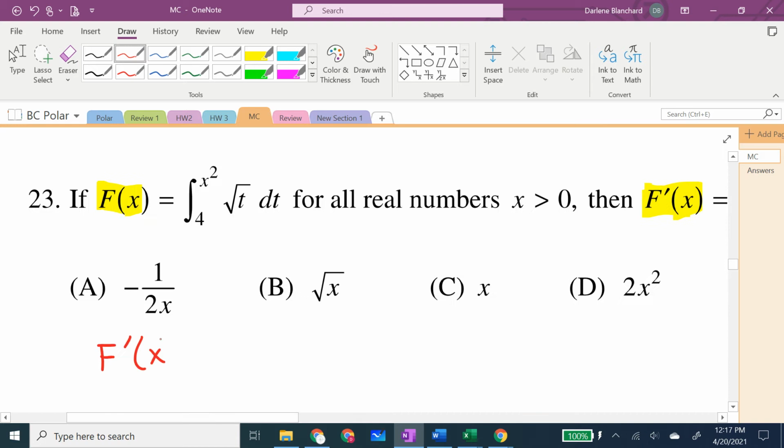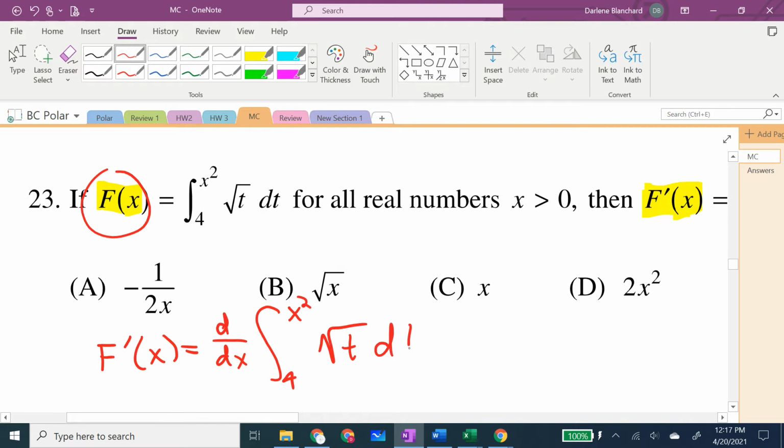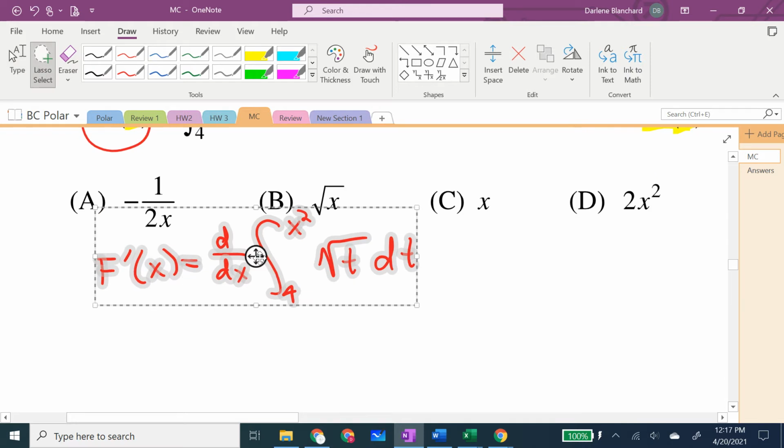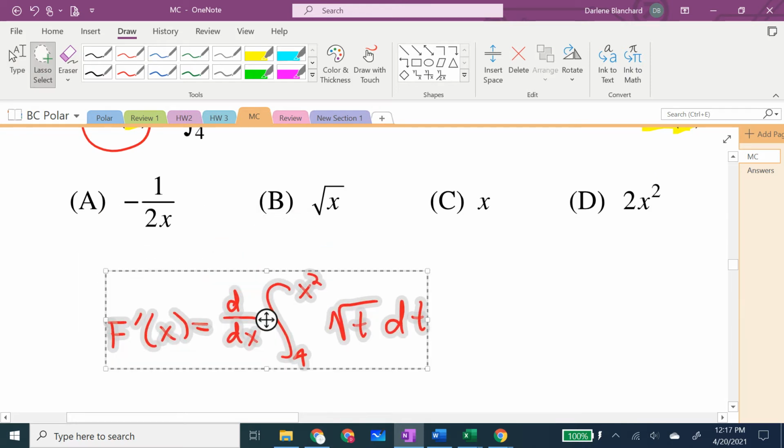F prime of x is equal to the derivative with respect to x of this function. And I'm bothered by the intersection with that and the answers.